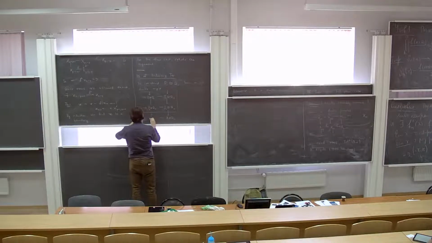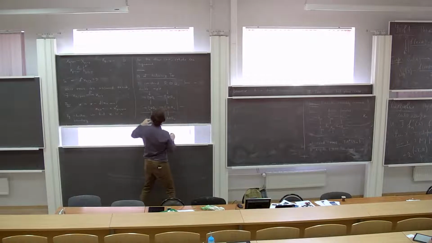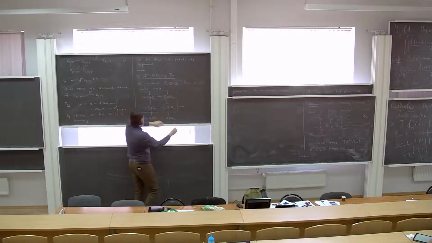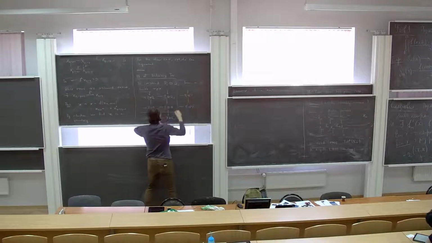Here I'll have x tensor Q1, and so on. Over here, if I look at the rows, this is P0 tensor the resolution of y. So over here, I'll have P0 tensor y, P1 tensor y, and so on.